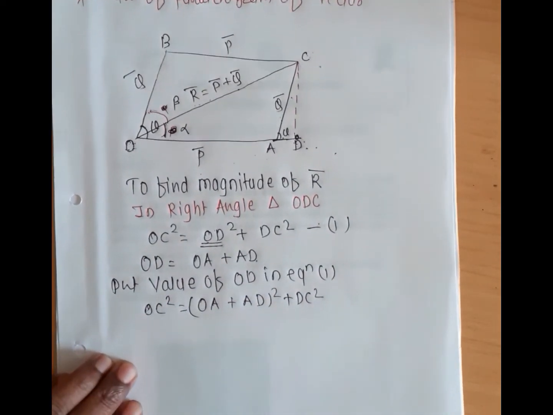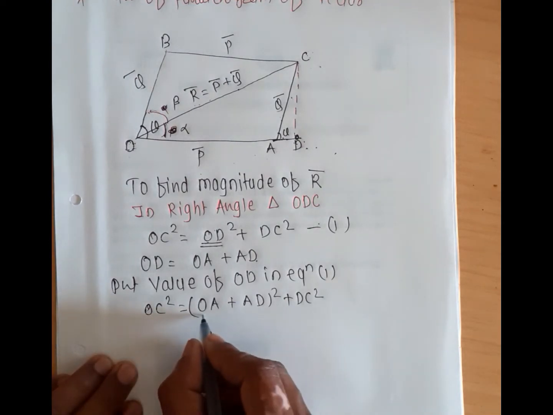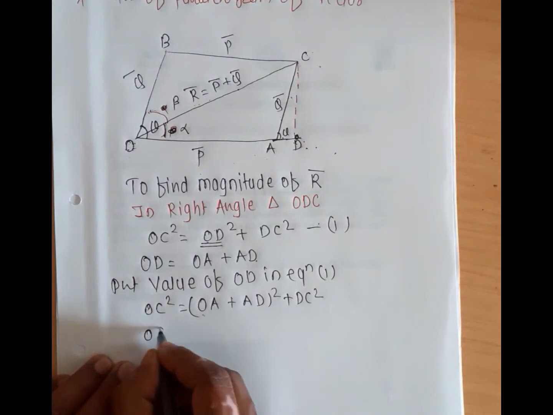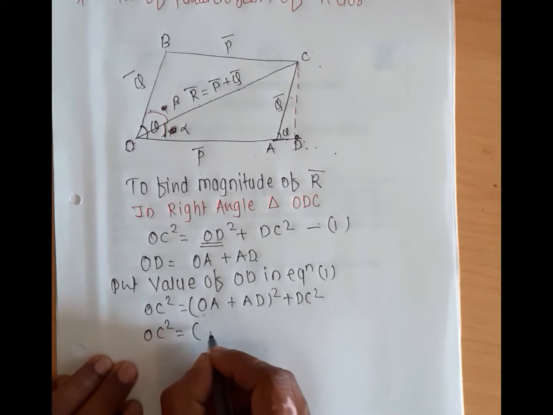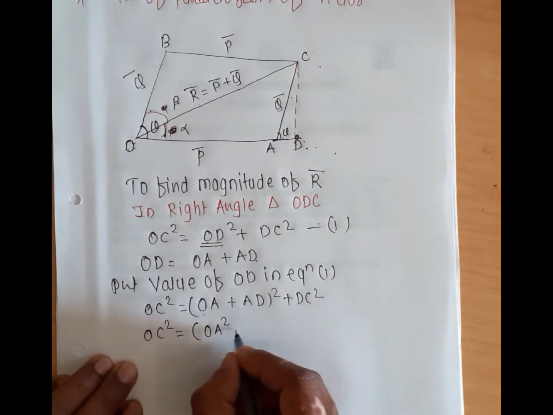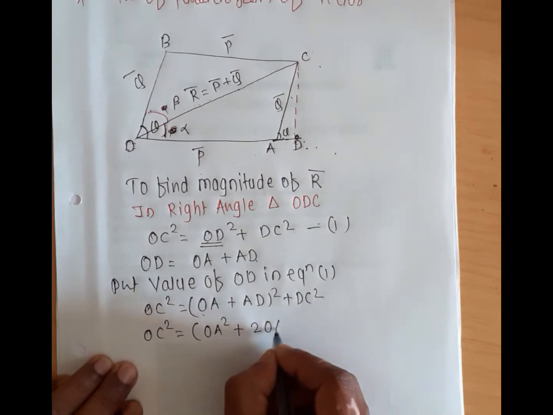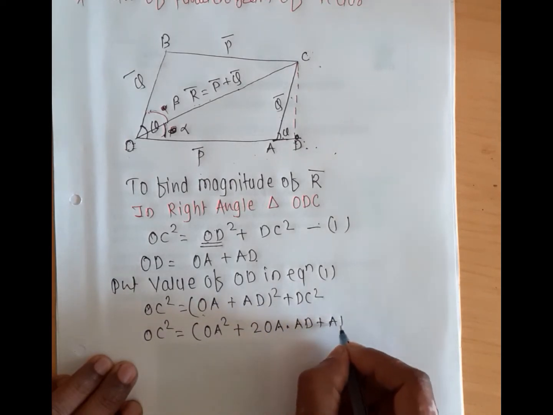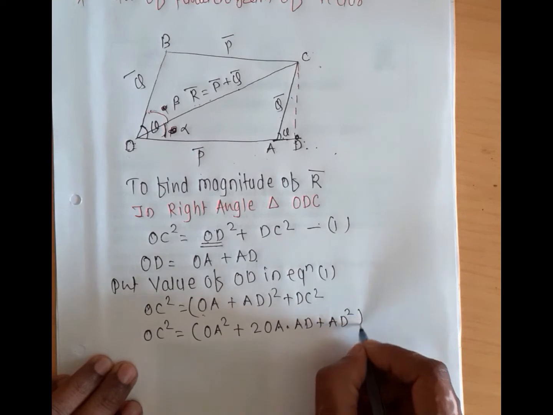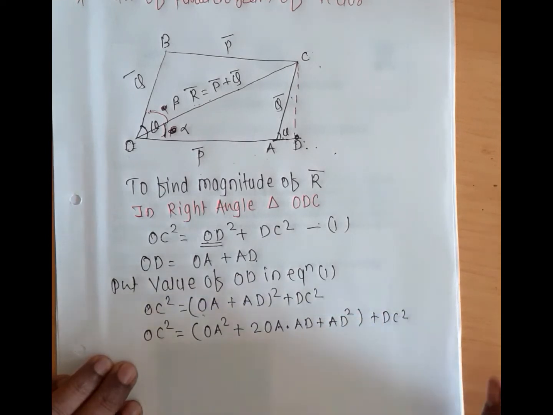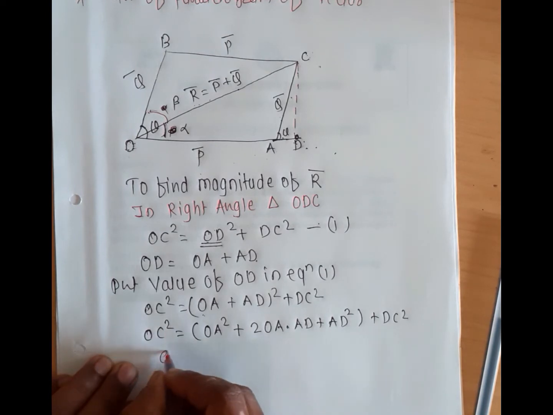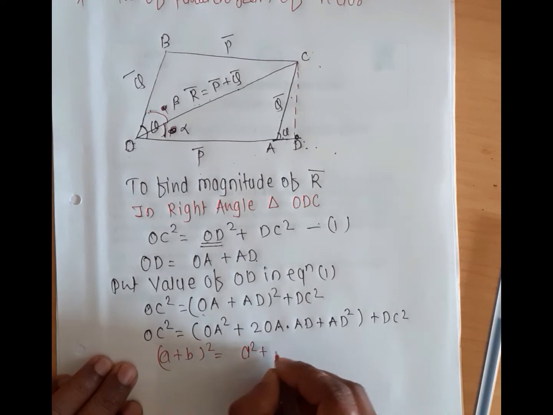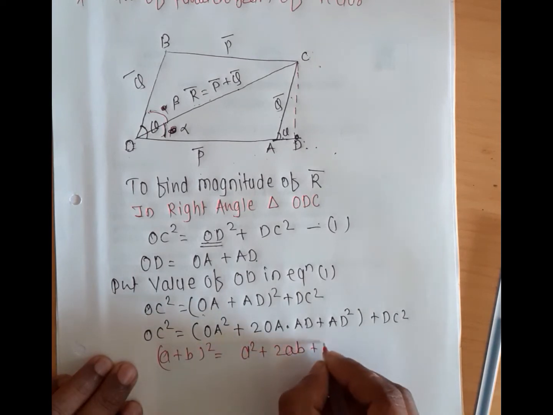Then we apply the (A plus B) bracket square formula. OC square is equal to OA square plus 2 OA AD plus AD square plus DC square. You know what the formula of (A plus B) bracket square is? Here I write the formula: (A plus B) bracket square is equal to A square plus 2AB plus B square.